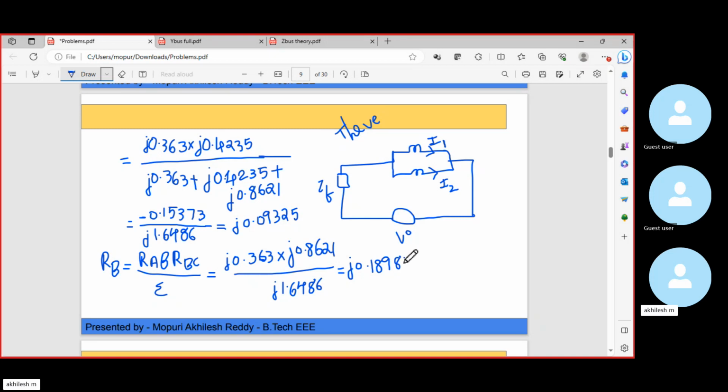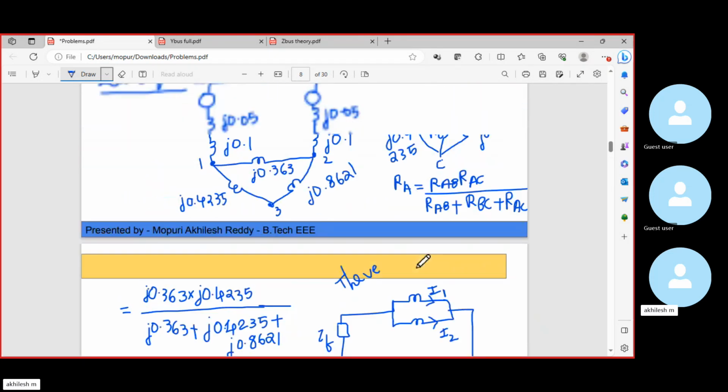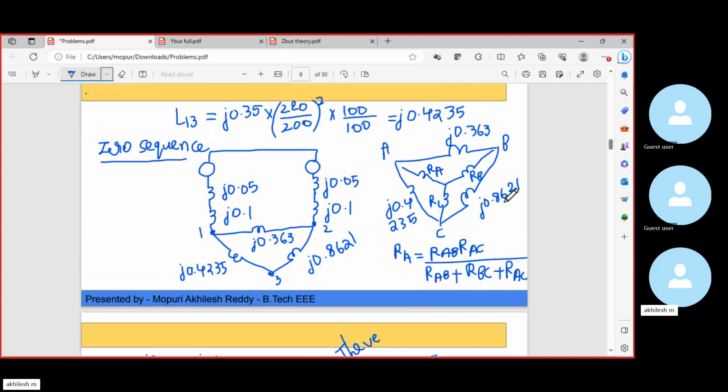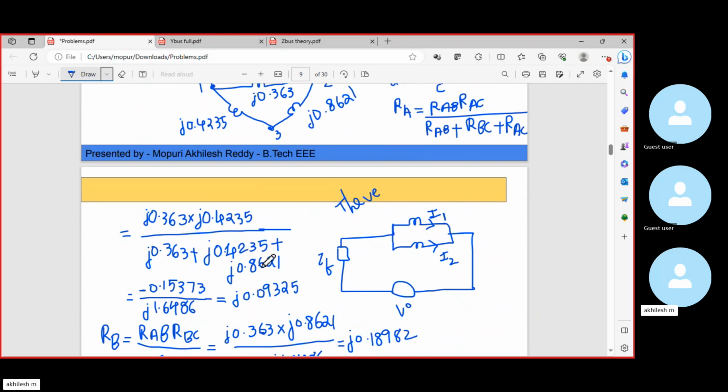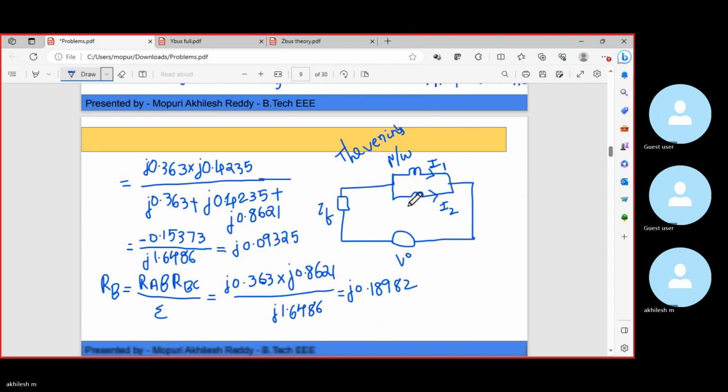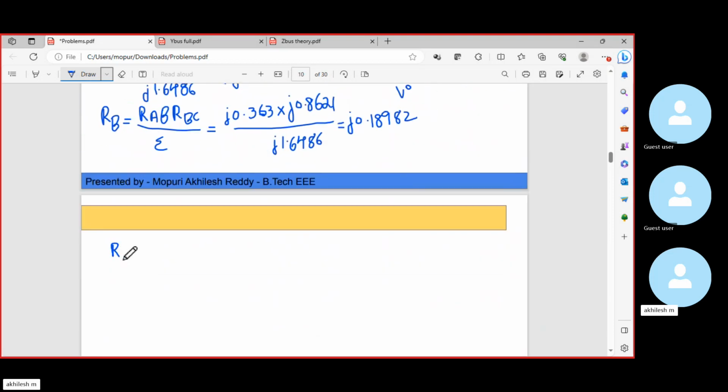Okay, for RC, what we need to do is 0.4235 into 0.8621. RC will be equal to RAC into RBC by the summation.